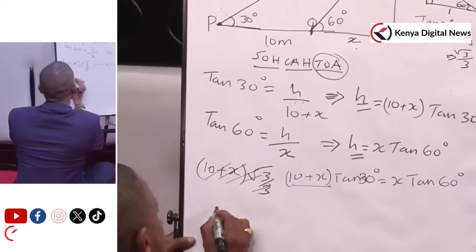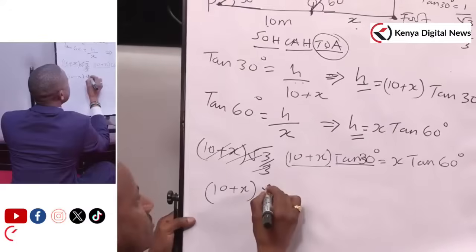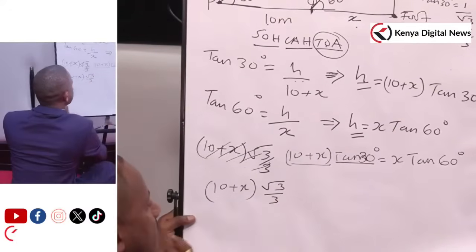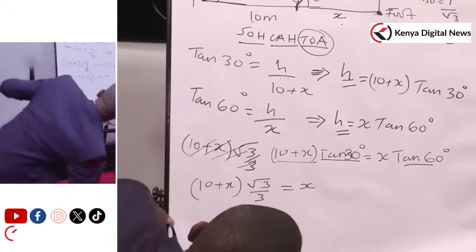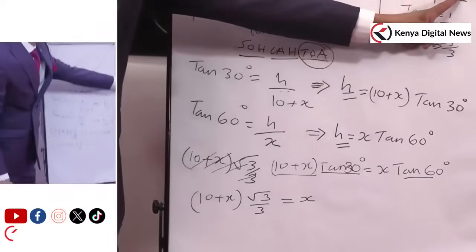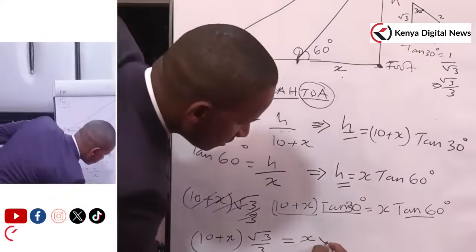Therefore, 10 plus X, we've said tan 30 is root 3 over 3, equals X tan 60. What is tan 60? Tan 60 is opposite over adjacent, which is just root 3.